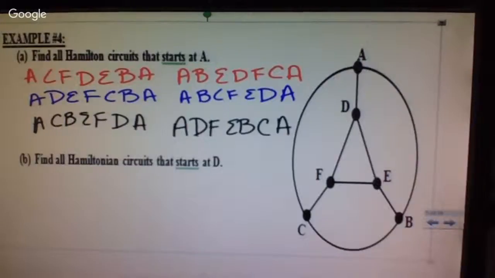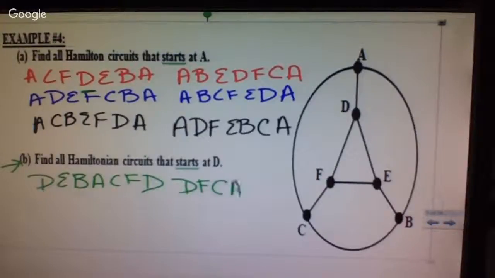Okay, so what would I do then for part B if it says find all the Hamiltonian circuits that start at D? Just make all these start at D. If they ask you to do something like this, all I do is go up to these ones and start it at D. So D, E, B, A, C, F, and D. Reverse that one.